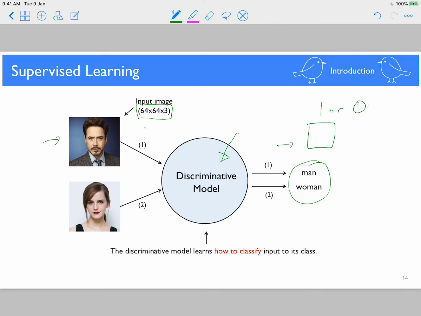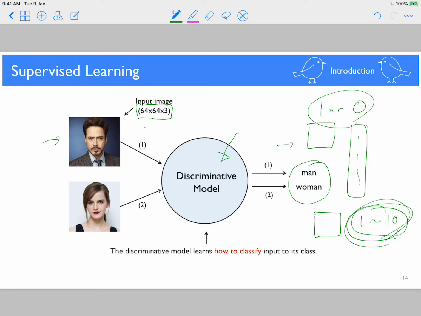Or if it is a multi-class classification with maybe 10 classes, we generate a one-hot vector with a 10-dimensional output, or it can be represented as a single integer ranging from 1 through 10. So it's just choosing the most likely one among a limited number of possibilities, among the 2 possibilities or 10 possibilities, right?